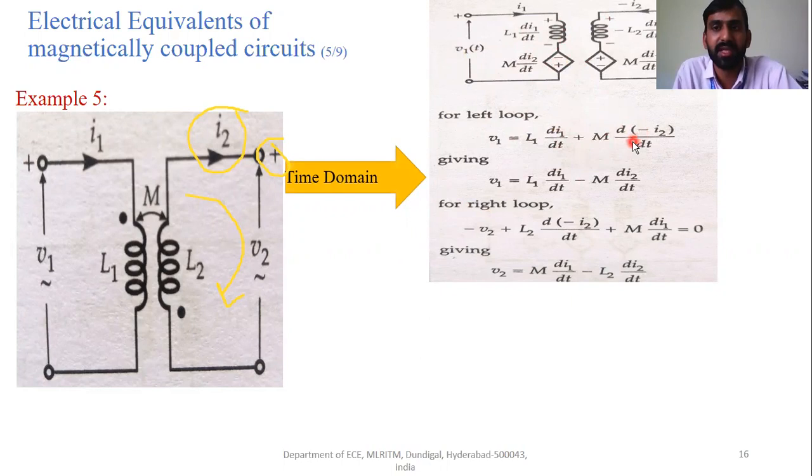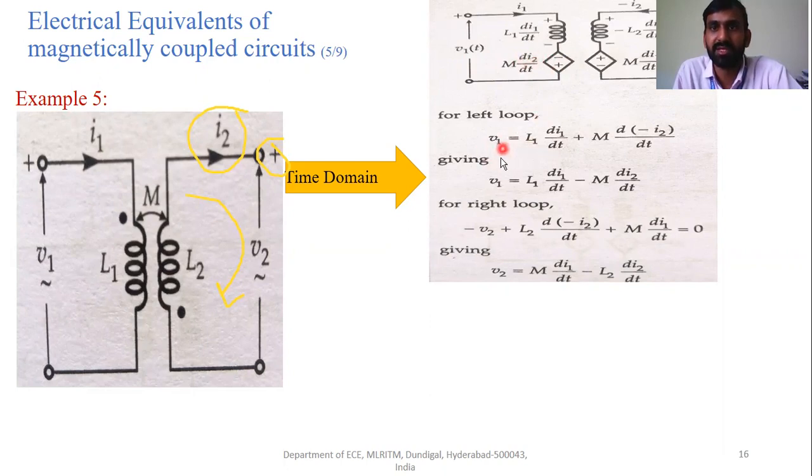The only term that is negative is I2. So if I2 is negative, the M term in the left hand side coil is going to be negative with respect to I2. This term is negative with respect to I2.